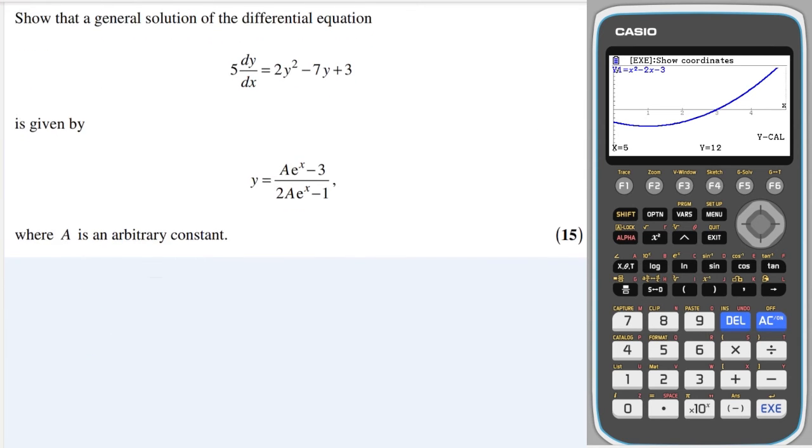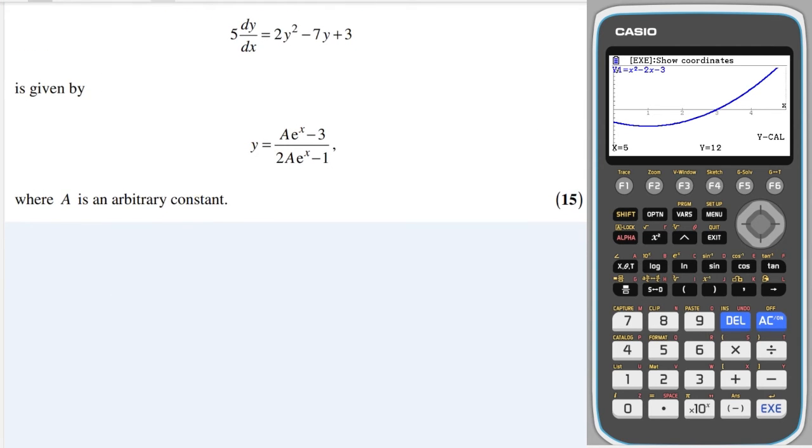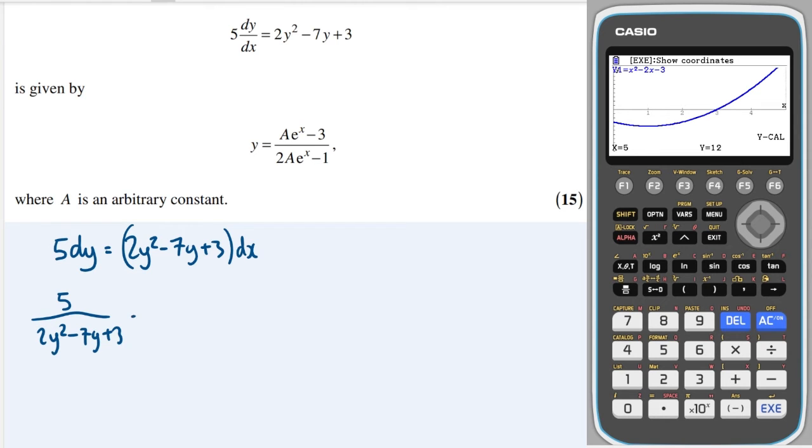Okay, differential equation. First off, we need to separate the variables. So I will write 5 dy is equal to 2y squared minus 7y plus 3 dx. And then let's divide through by 2y squared minus 7y plus 3. Whoops, gotta have a dy there.